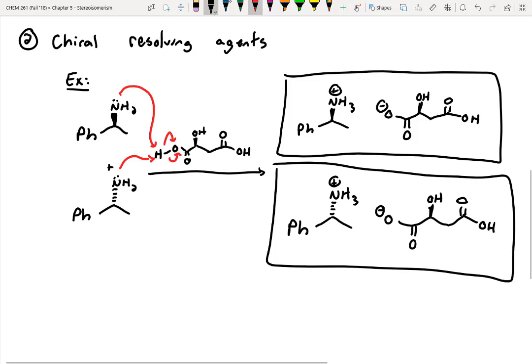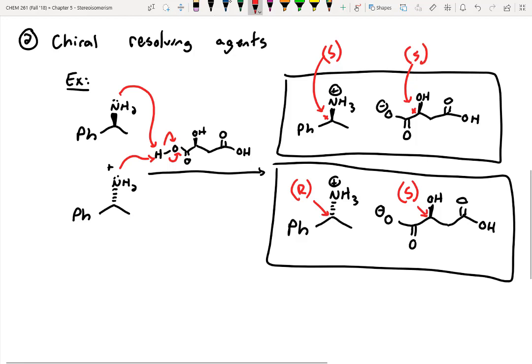So let's think about this, right? If we identify this stereocenter, this would be an S stereocenter. Over here, this would be an R stereocenter. We have another stereocenter in our conjugate, or sorry, our anion. And for this one, this would be S. And over here, it would also be S. So the relationship between these two ionic compounds would be what?